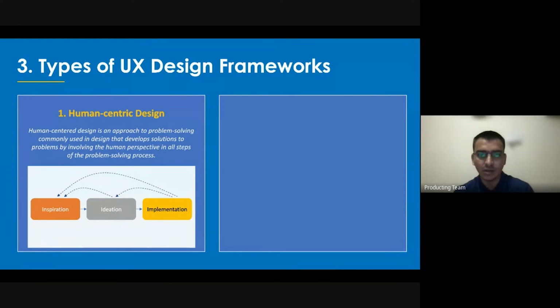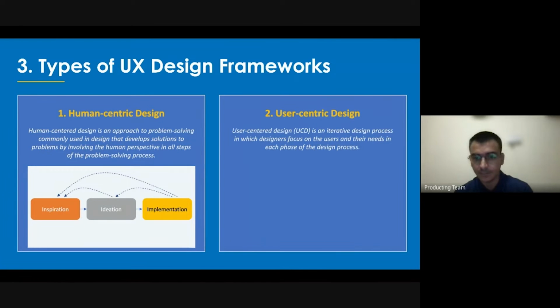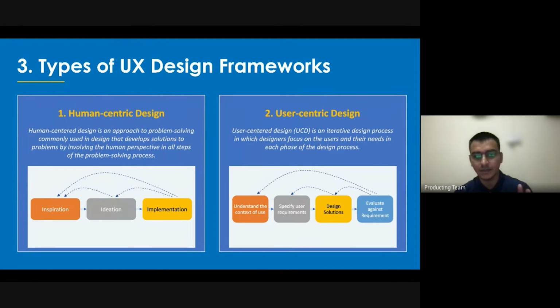The second one is user-centric design. User-centric design is an iterative design process in which designers focus on the user and their needs in each phase of the design process. Let's look at their process. The first stage is to understand the context of the user. This is very important. Here they are saying that you understand the context where this problem exists.